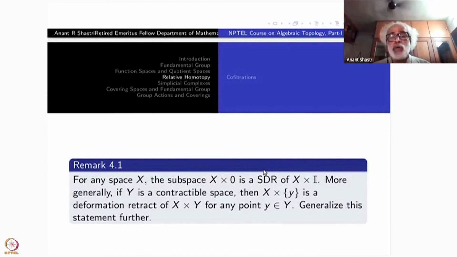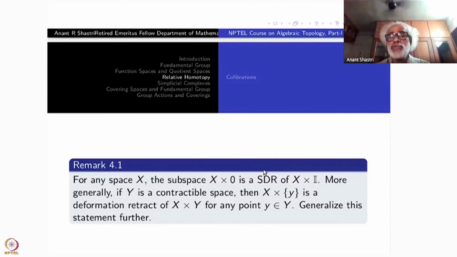More generally, take any contractible space Y. Then X cross little y, where little y is a point of Y, is a subspace of X cross capital Y, and Y is contractible.